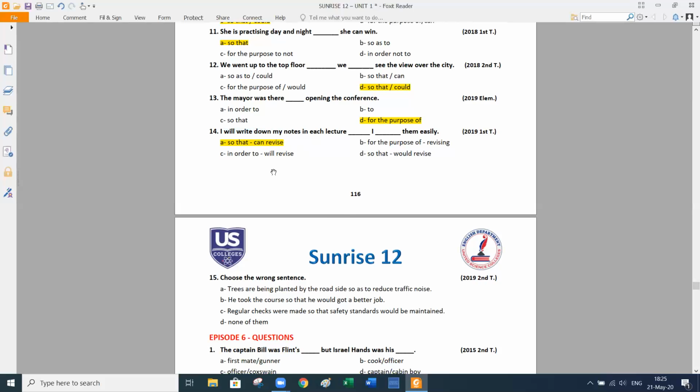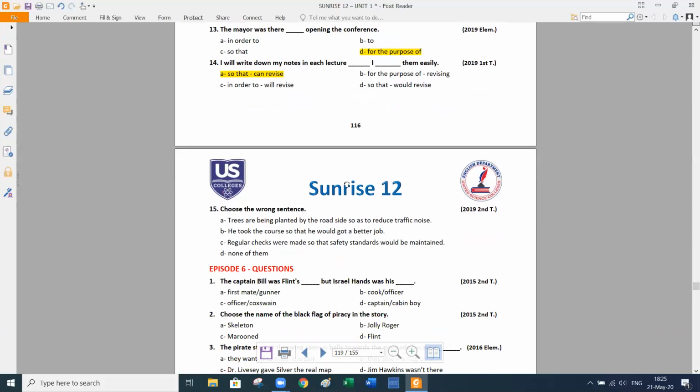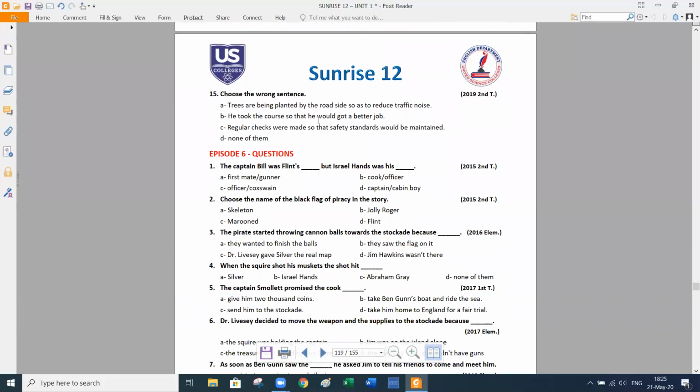So I read the sentence. I will write down my notes in each lecture so that I can revise them easily. Sounds good. Yes. I continue. The last one. Choose the wrong sentence. Trees are being planted by the roadside so as to reduce traffic noise.